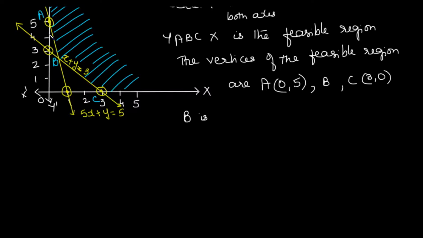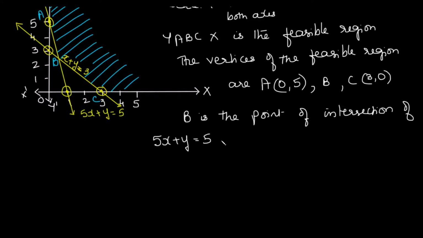We see that B is the point of intersection of these two lines, that is this line and this line. So 5x plus y is equal to 5, suppose it is equation 1, and the other line, x plus y is equal to 3, say equation 2.